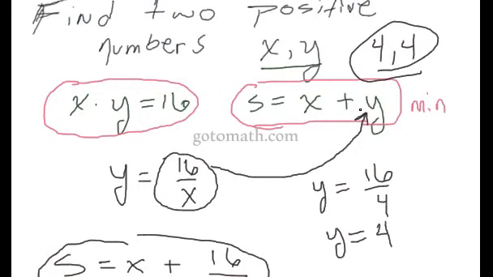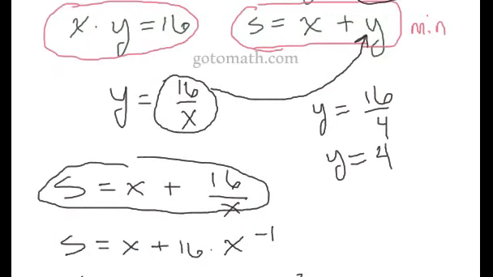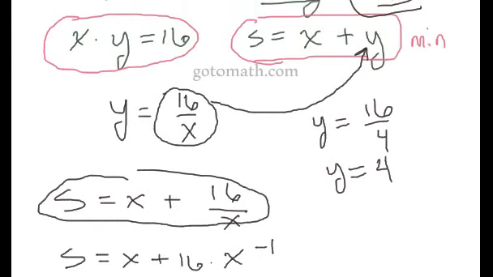That's usually solving for one of the variables over here and plugging it in over here. And then once we do that, we just take the derivative, set it equal to 0, and solve for that variable. And that's basically what we're going to do with all of these optimization problems.